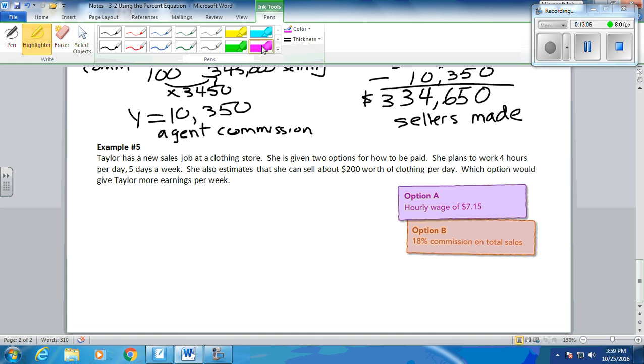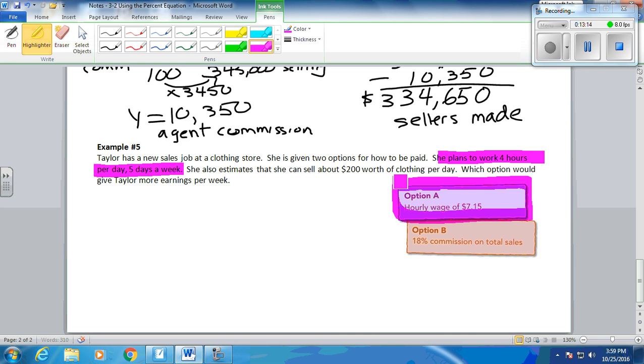So if she plans to work for 4 hours, 5 days a week, that sounds like something I would need for my hourly wage. So this is the one in purple. But then it goes on to say that she also estimates that she can sell $200 worth of clothing per day. I think that would go with option B.